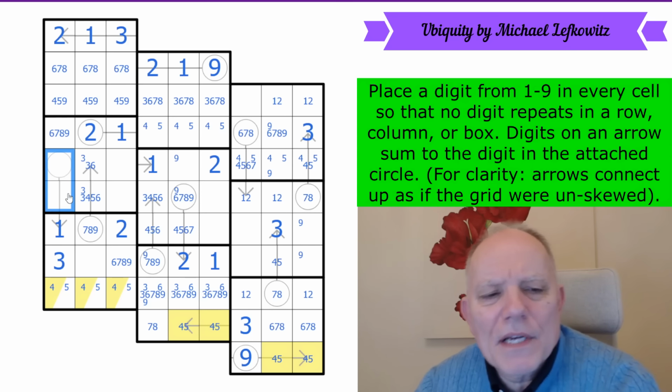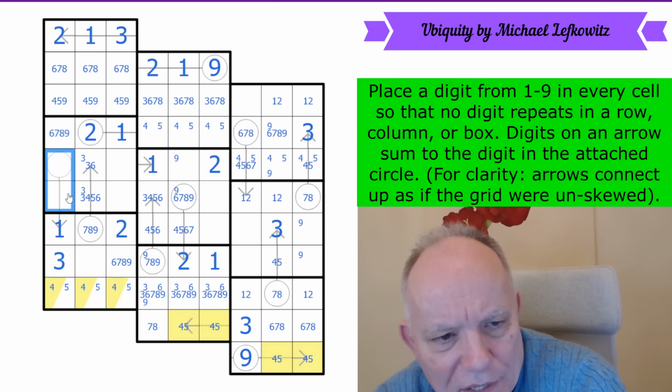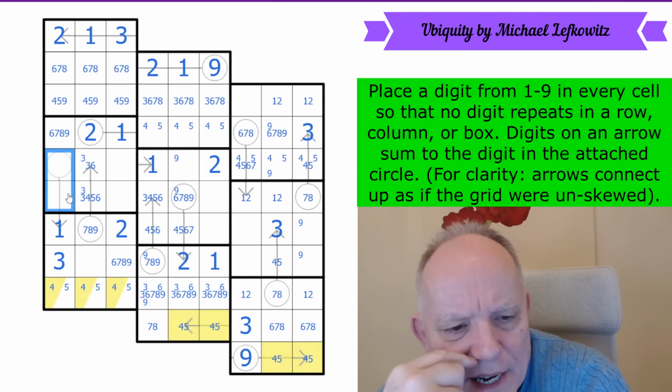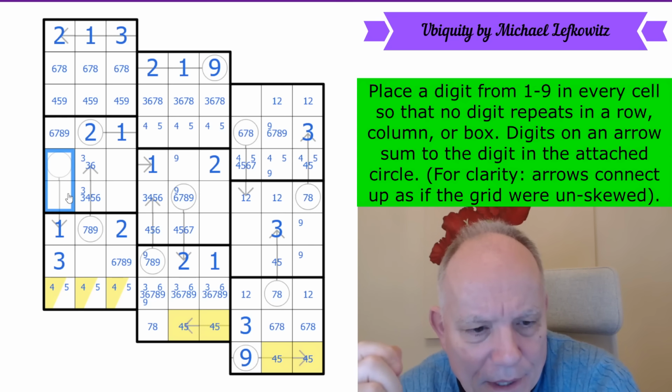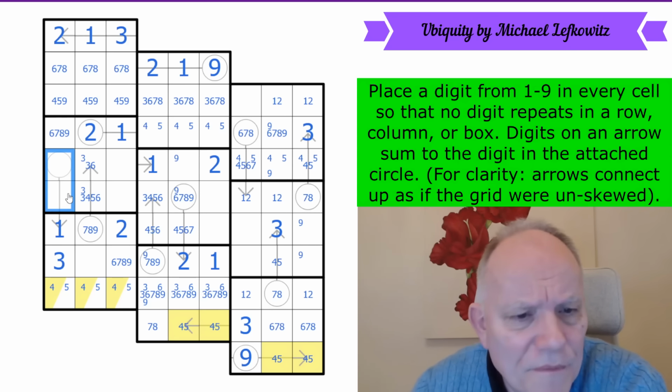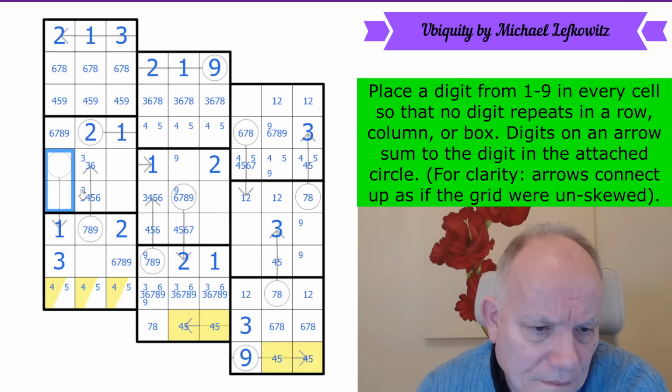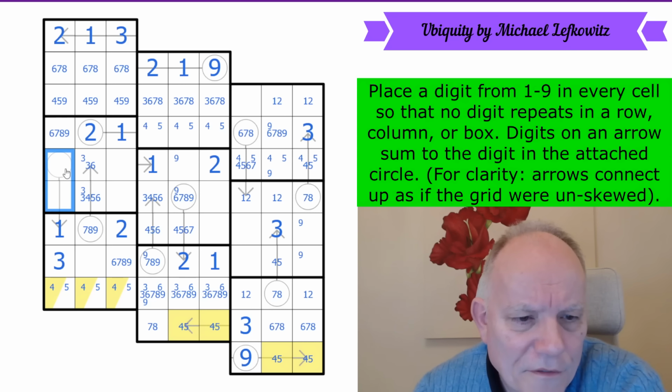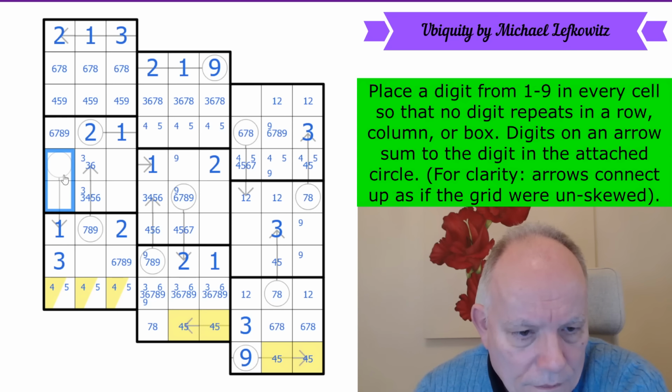So this pair of cells is either from 4, 5, 6 or from 7, 8, 9. I mean, that's an absolute knowledge bomb, but it's quite interesting. Because if it's from 4, 5, 6, it's a consecutive pair and includes the 5. I don't know.